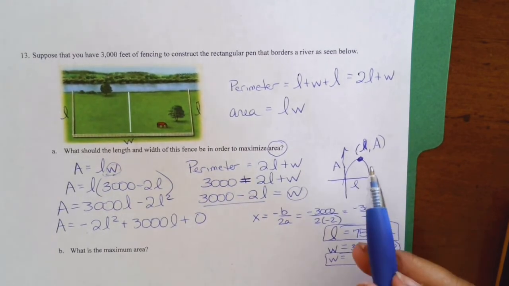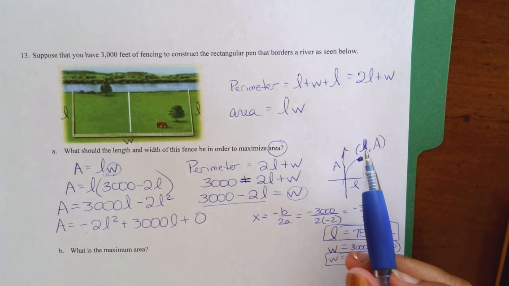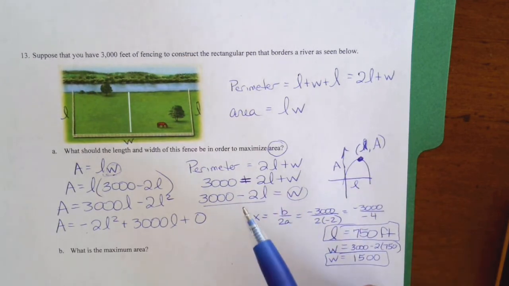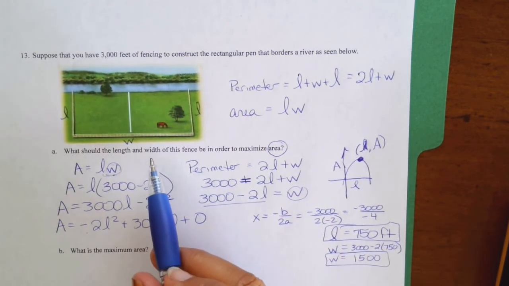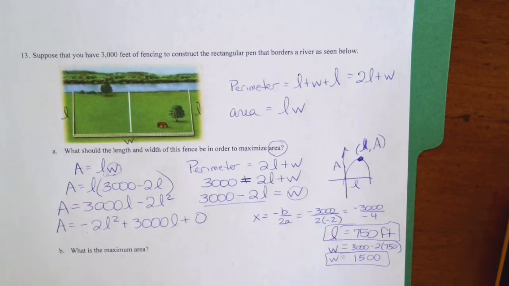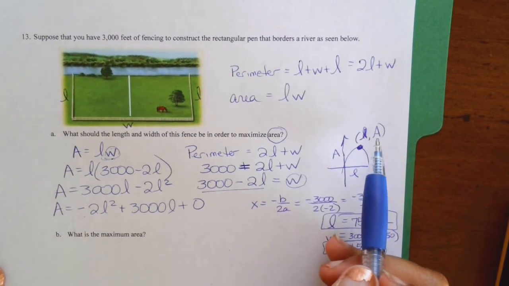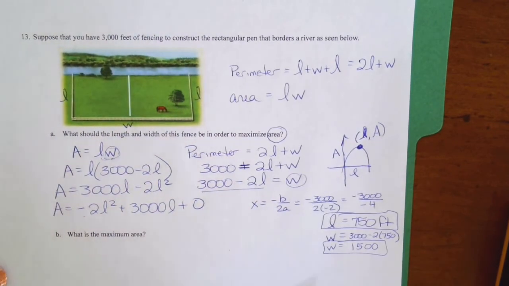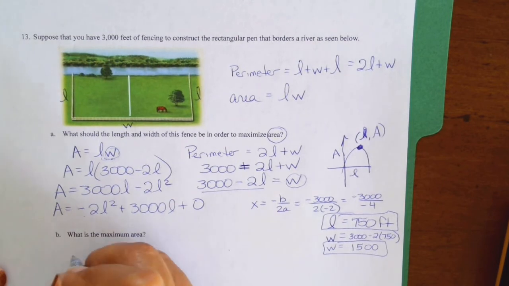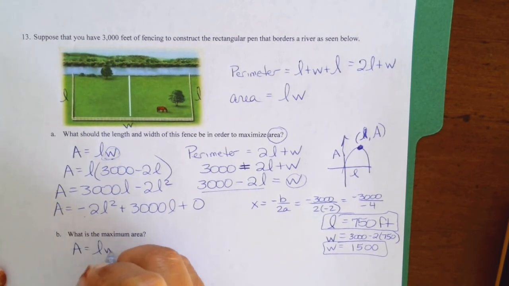Now, if you did this on your calculator, you're only going to get the length. You're going to get 750, so you still have to find the width, because it asks for the length and the width. All right, so now it's going to ask you for the maximum area. Again, if you did it on your calculator, you already have it. If you didn't do it on your calculator and you're doing it like I'm doing it, then remember the area is just length times width.